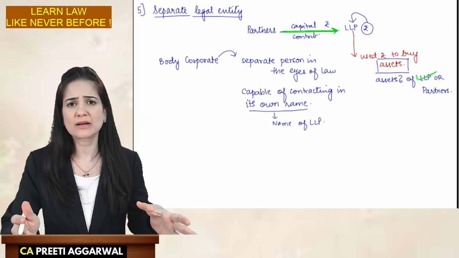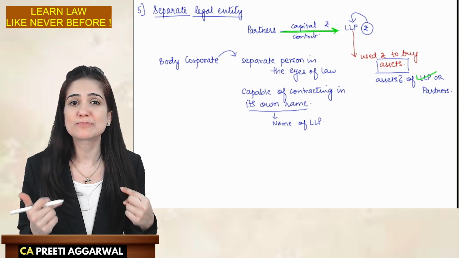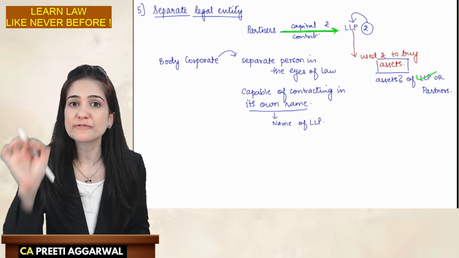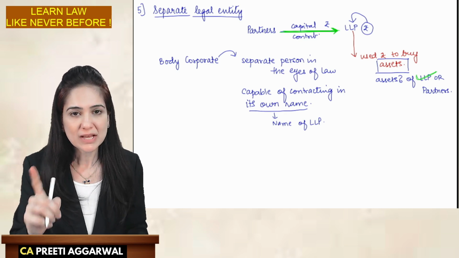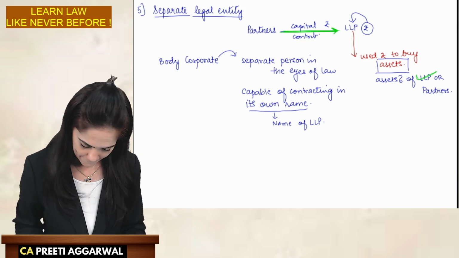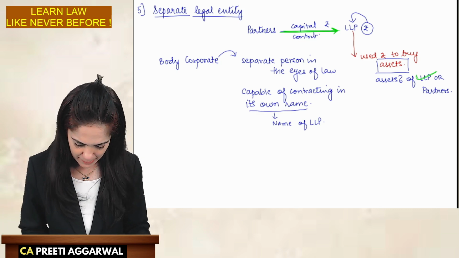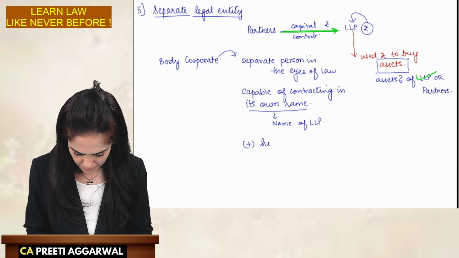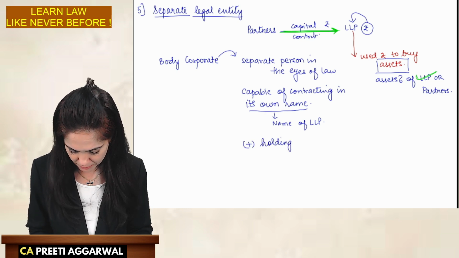Whatever assets are purchased, those assets belong to LLP, not partners. Liability is also of LLP, not partners. Creditors of LLP are creditors of LLP only. You can continue writing. It is capable of contracting in its own name. Holding property means assets.